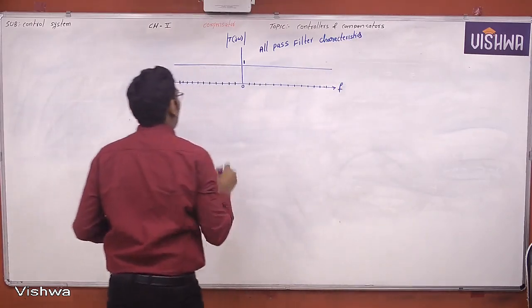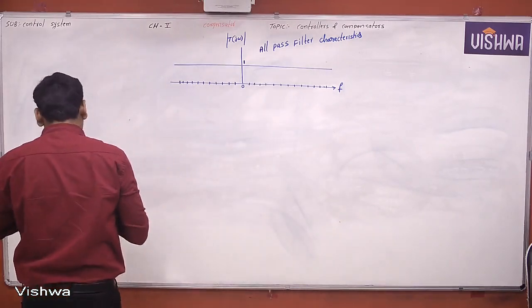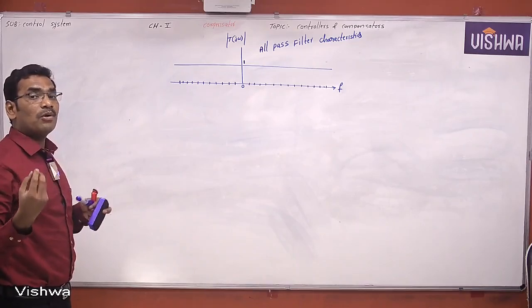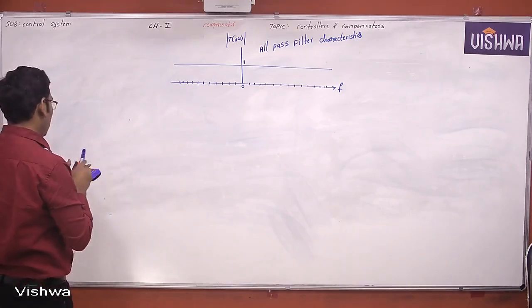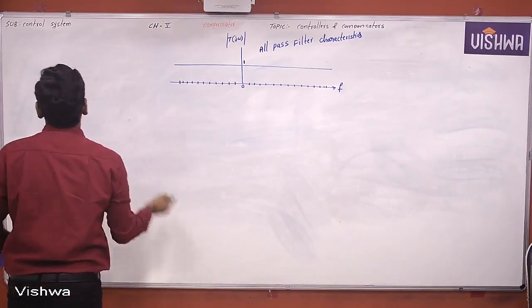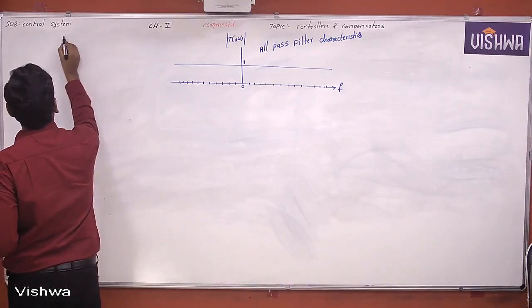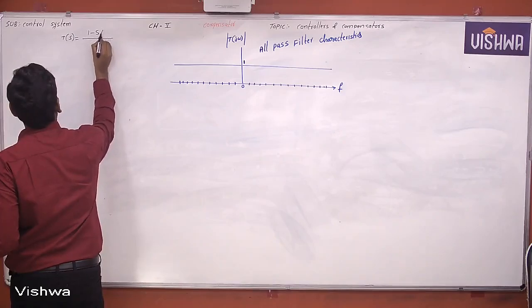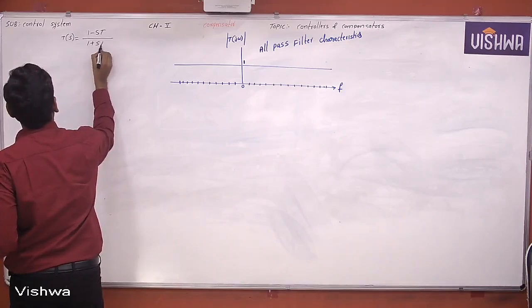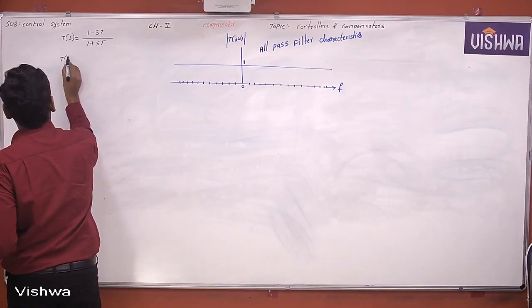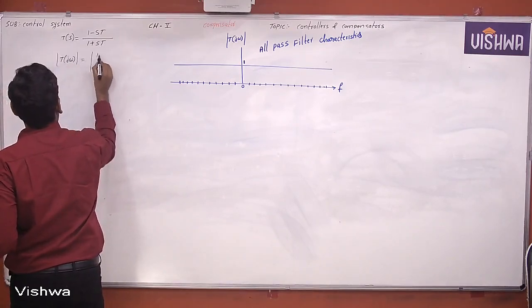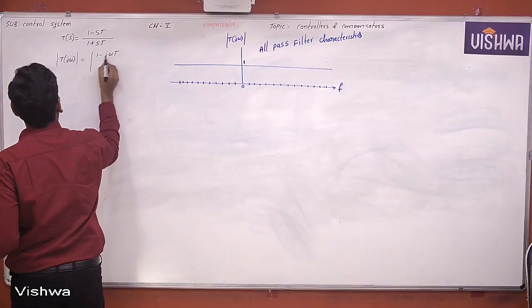Now how does an all pass system look like? What is the pole zero sequence in an all pass system? Now we will try to explain. Let us see here, if your transfer function is like this, (1 minus sT) by (1 plus sT). Let's find gain or magnitude, which is equal to (1 minus jωT) by (1 plus jωT).